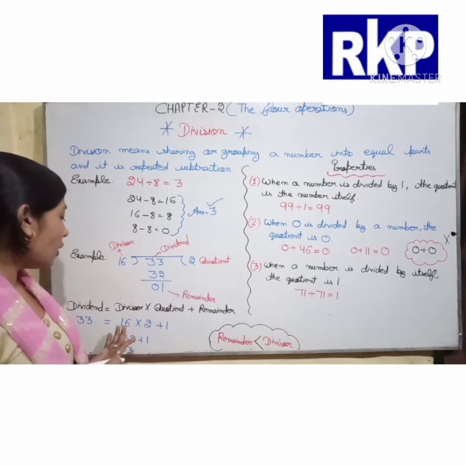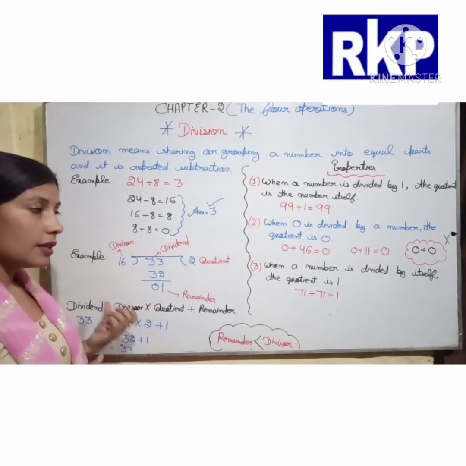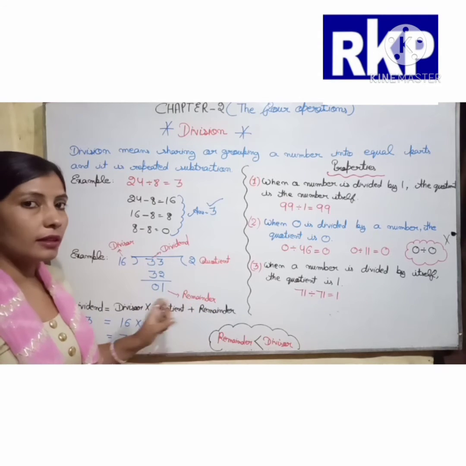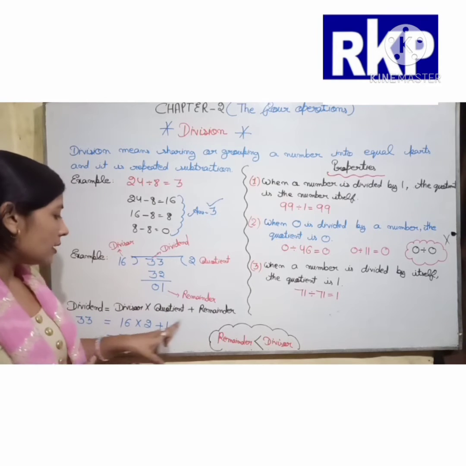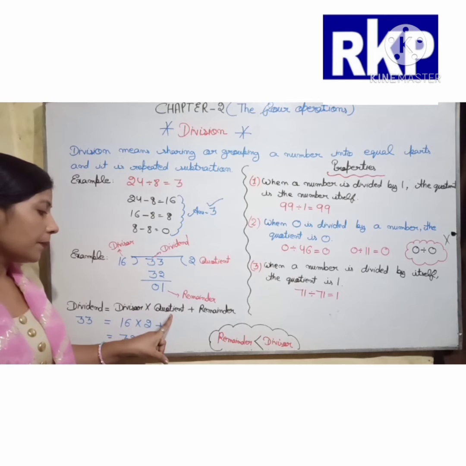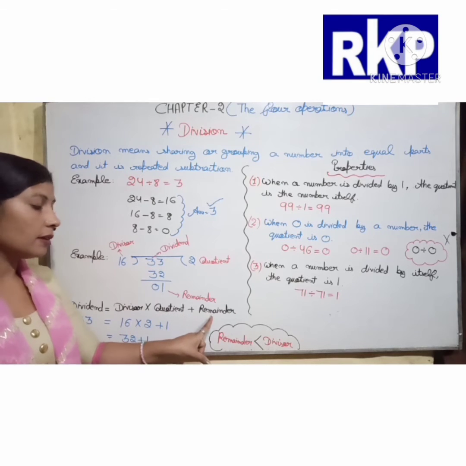Okay. Now beta, let us see what is the relation between dividend, divisor, quotient and remainder. Here you can see dividend is equal to divisor multiply quotient plus remainder.